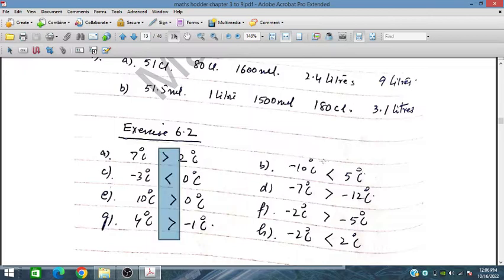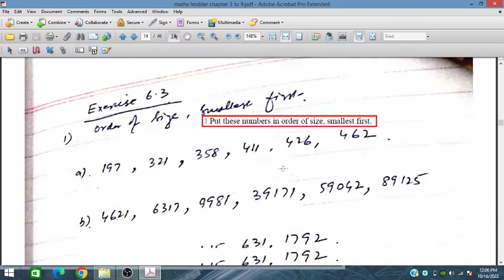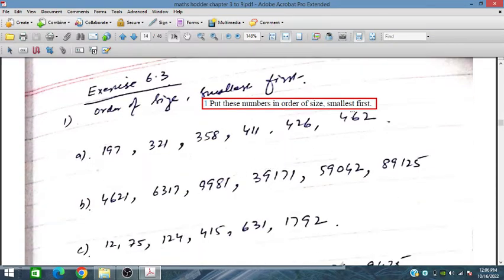One has to know how the sign is placed between these numbers. Order of size: put the numbers in order of size. The first digit is the most important. If we have all 3 digits, this defines which number is the largest, then the second one and the third one. This is the unit place, tens place, and hundreds place.